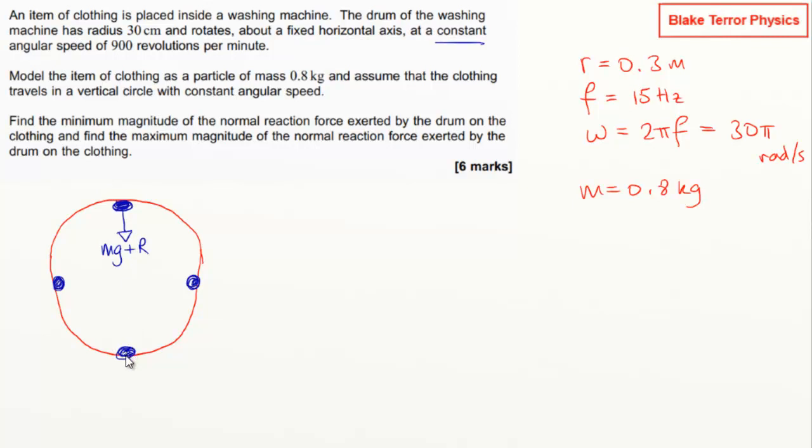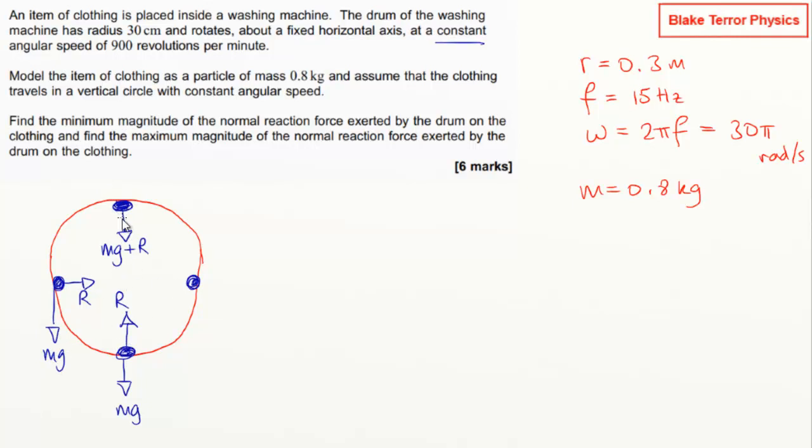When we're at the bottom, we've got the weight acting away from the center of the circle and the reaction force going towards the middle. And when we're at the sides, we've got the reaction force going towards the center and the weight still acting down. So you can see this is why the reaction force is changing.